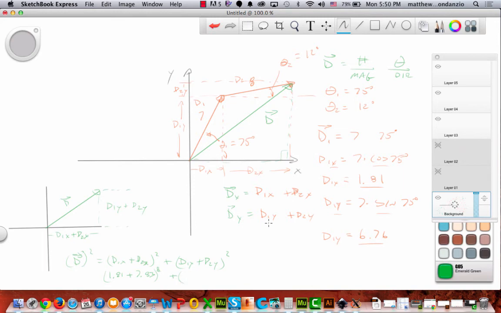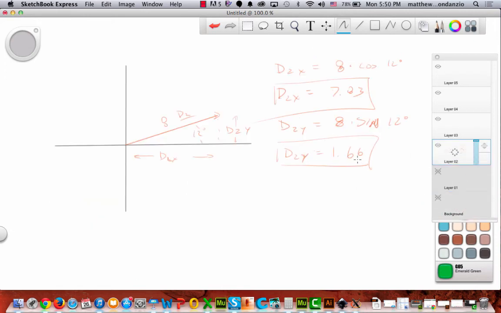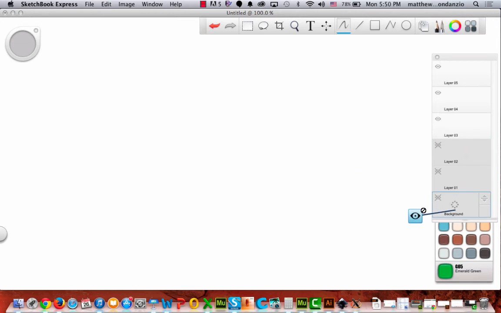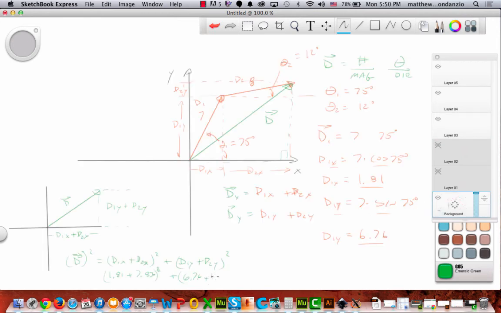Plus our d1y, which is 6.76, plus our d2y, which was 1.66, and we're going to square that. And that's all going to equal the magnitude of our vector squared.